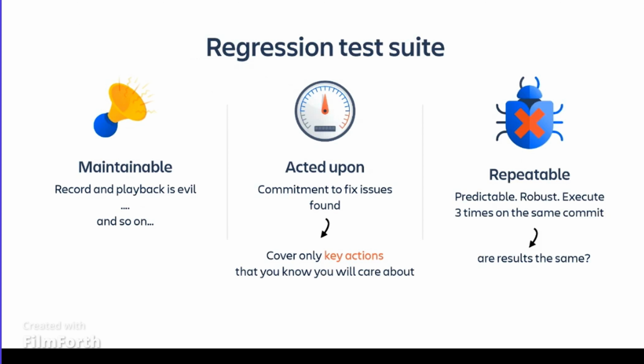It needs to be acted upon. So what do you do when your Selenium test fails? Somebody needs to investigate and fix. Either it's a bug or a problem in the test itself, but it needs to be fixed and made green again, right? And that's the same for a regression test suite.